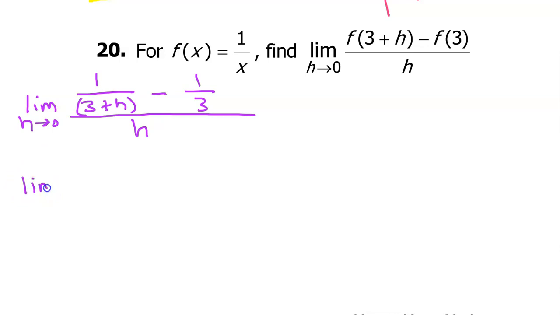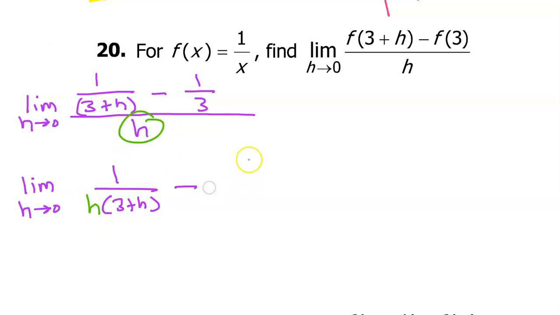I have the limit as h approaches 0 of 1 over 3 plus h. But now this h from the denominator, like I said, is now going to show up here. And then I have minus 1/3, but this h from the denominator, I told you it was going to end up in the denominator. So I have effectively divided both of these terms now by h.